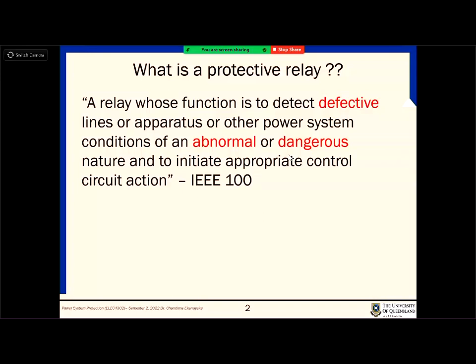But if you are looking at it from the physical point of view, it is a logical element, right? It takes some logical actions based on some inputs. What are the inputs? Voltage and current, right? That is the main input for a relay. So with those voltage and current inputs, it takes logical actions.